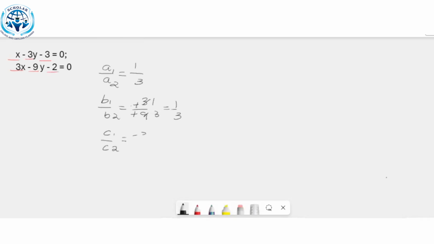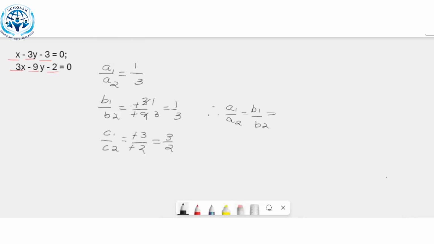So we can easily see that a1 upon a2 is equal to b1 upon b2, but it is not equal to c1 upon c2. Now pause the video and find out the inferences yourself to check your understanding.